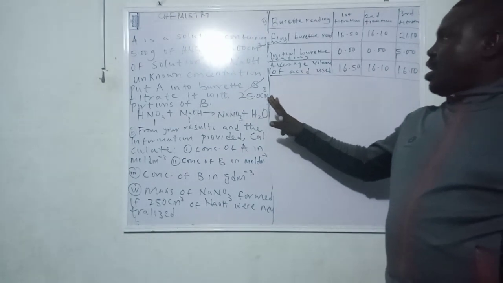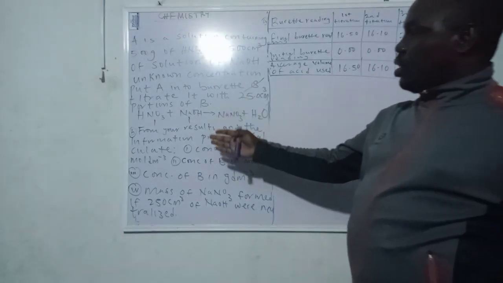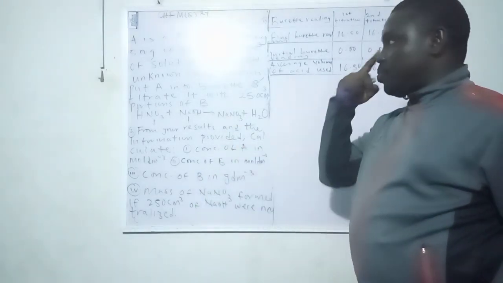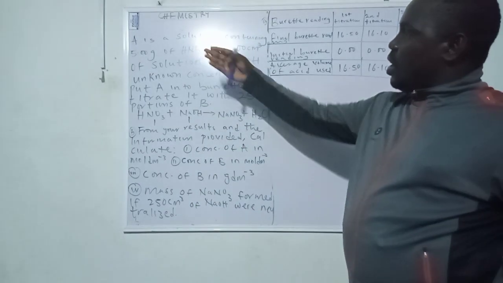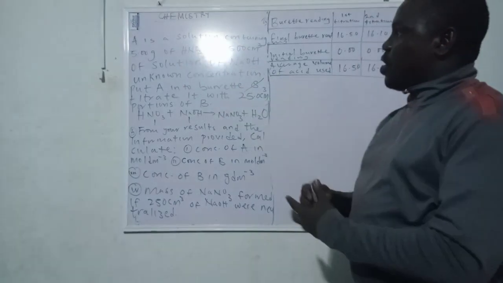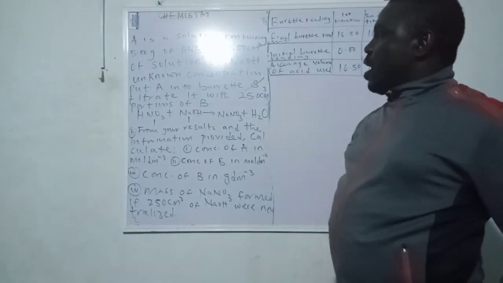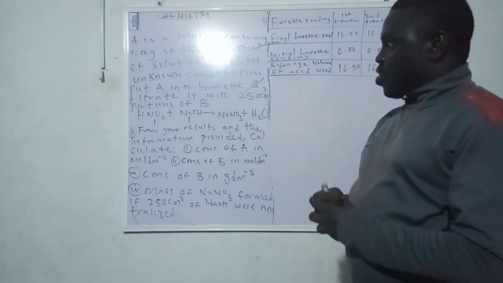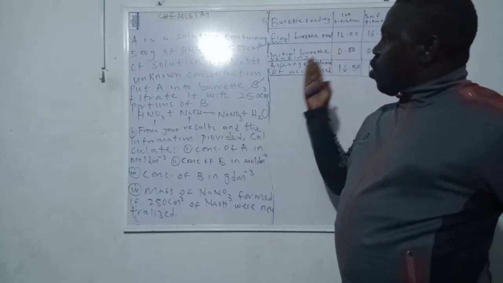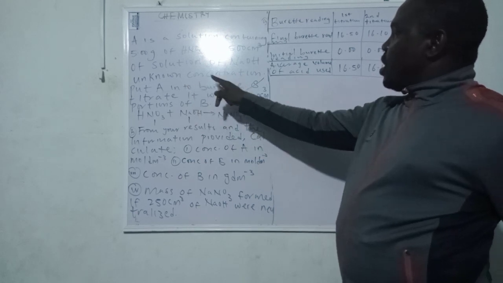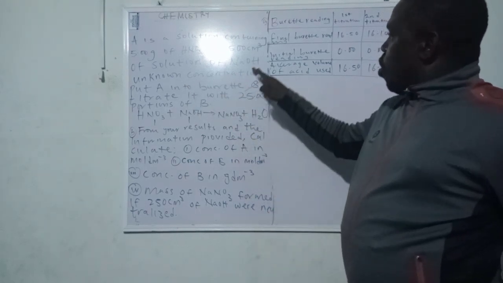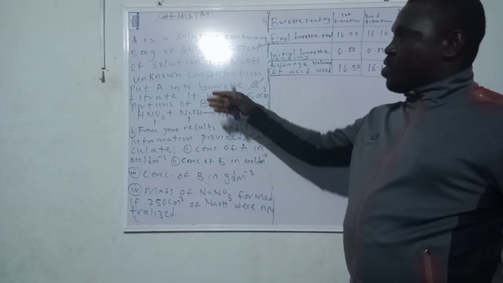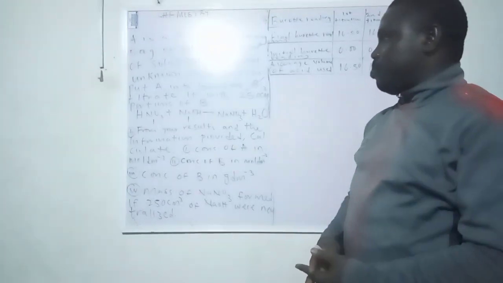Now, what do we have here? We have a practical chemistry question called a titration question. The question says, A is a solution containing 5.0 gram of hydrogen trioxonitrate(V) in 500 cm3 of solution, and B is a solution of sodium hydroxide with an unknown concentration. So the concentration of the sodium hydroxide is not known.